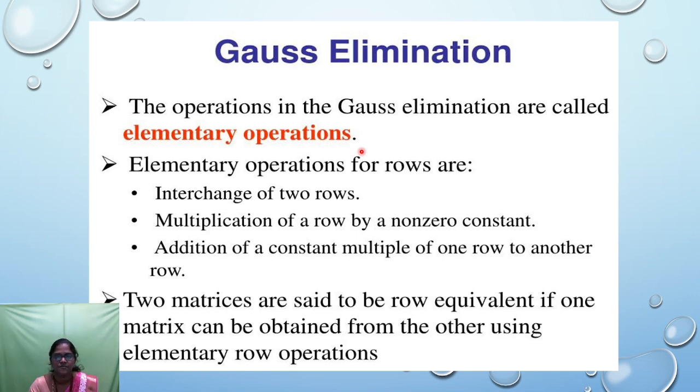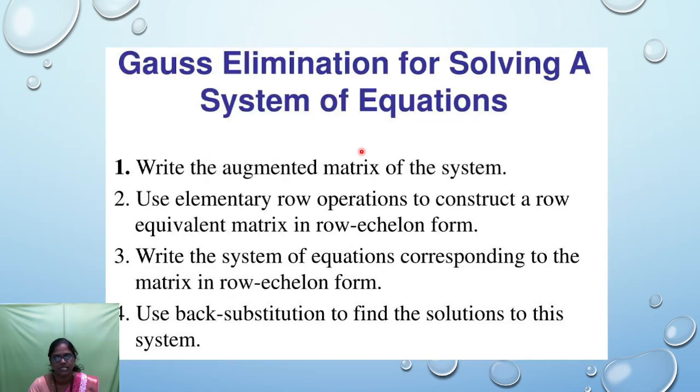Elementary row operations are interchange of two rows, multiplication of a row by a non-zero constant, and addition of a constant multiple of one row to another row. Two matrices are said to be row equivalent if one matrix can be obtained from the other using elementary row operations.